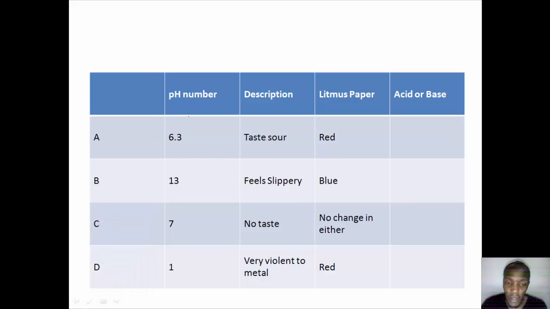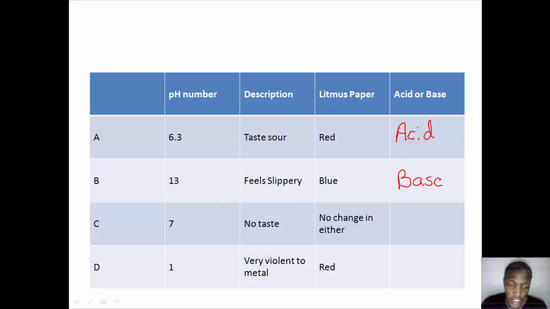These characteristics are all examples of what? If you said acid, you are indeed correct. Substance B has a pH number of 13. It feels slippery, and it turns litmus paper blue. What would we call that? A base.